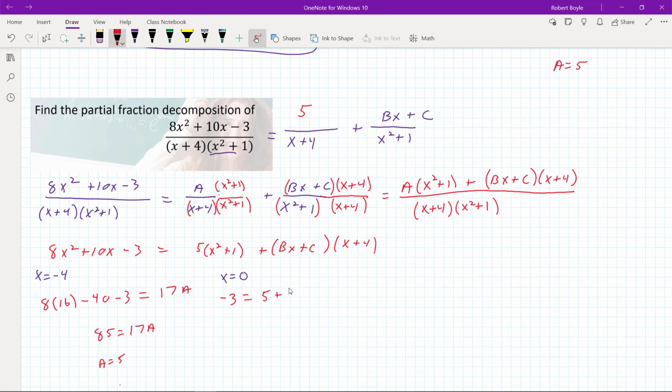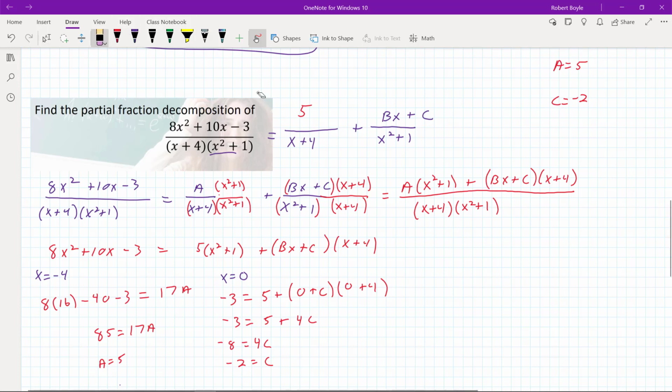Plus, there's no b, that will cancel, right? So it's going to be plus 0 plus c times 0 plus 4. So what do we have? We have negative 3 is equal to 5 plus 4c, or negative 8 is equal to 4c, or negative 2 is equal to c. So now we have that c is equal to negative 2.